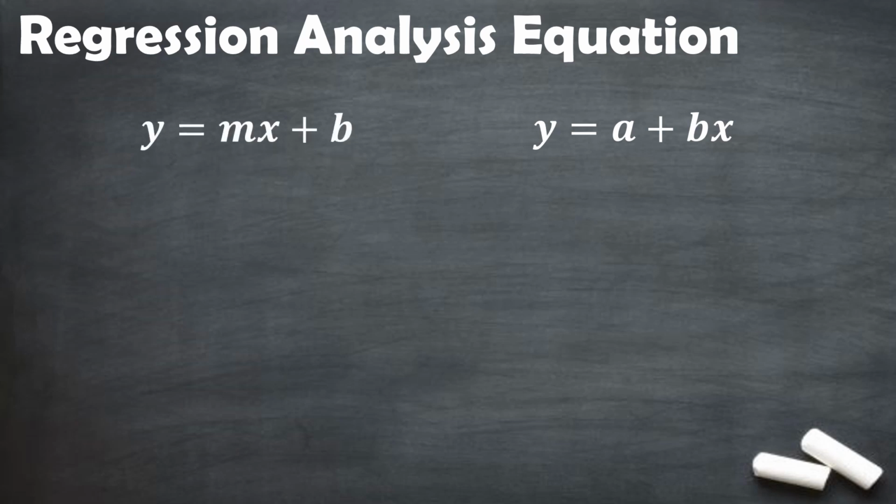This equation po is similar with slope-intercept form, wherein you can get the values of y given an intercept and a slope. We can use an equation for regression analysis to predict the dependent variable because we assume muna that the variables we consider in regression analysis have a relationship.